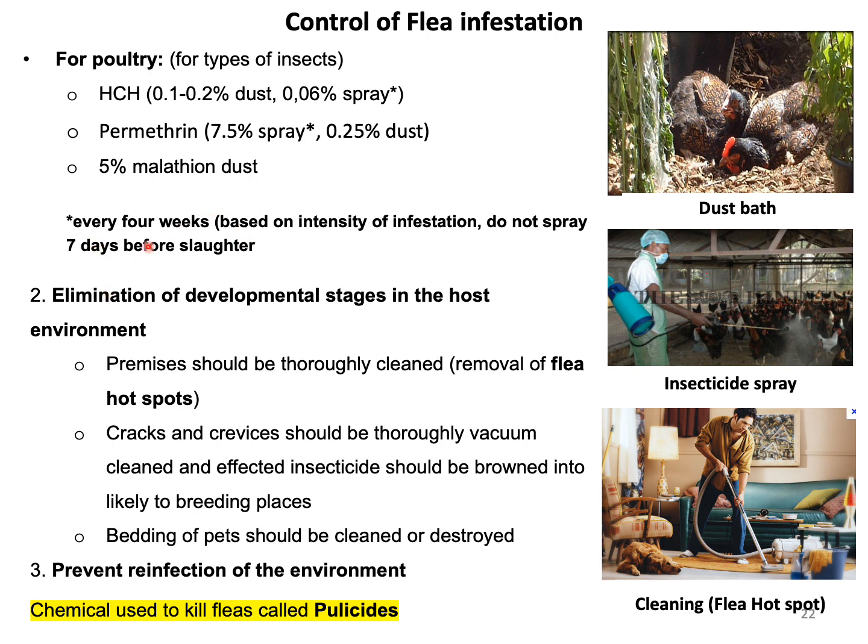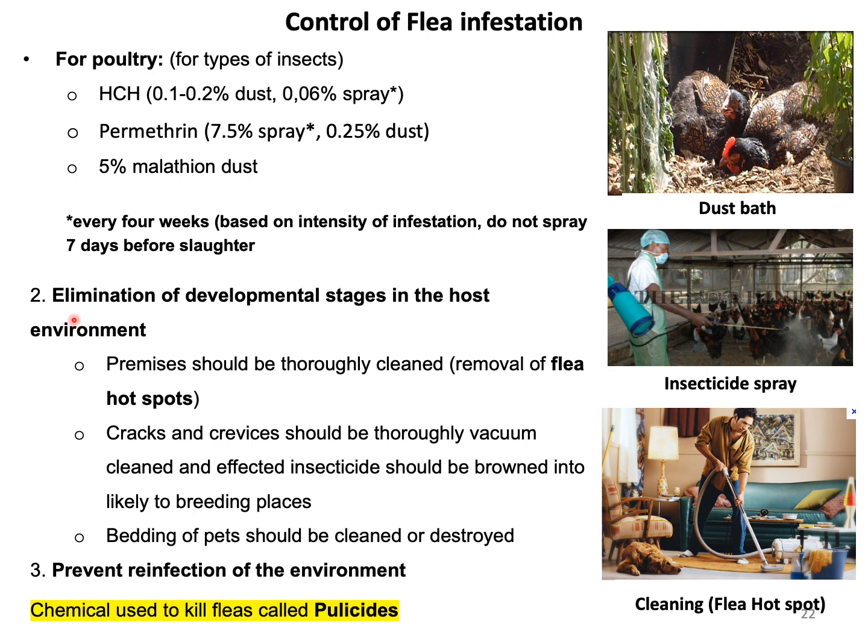And how often you go for the spray or dusting depends on the intensity of infestation. So obviously not very frequent. Depending on the situation, it could be at a 4-week interval, but do not spray 7 days before slaughter.